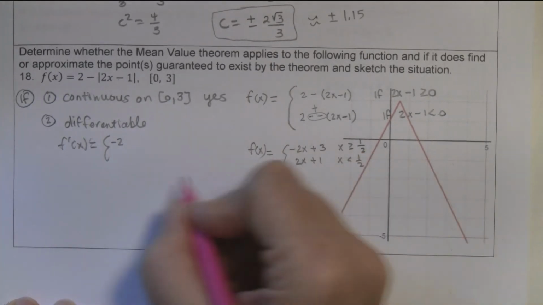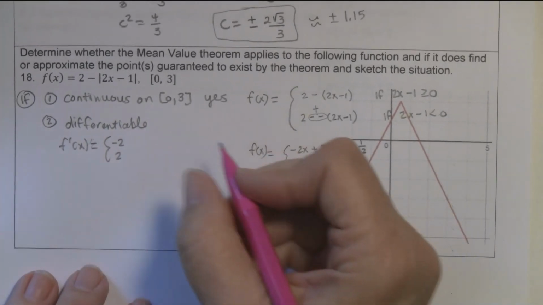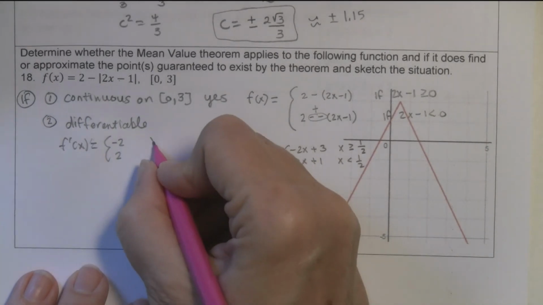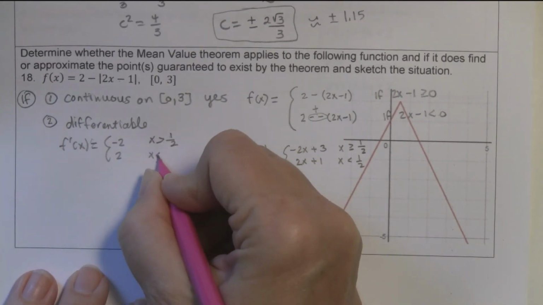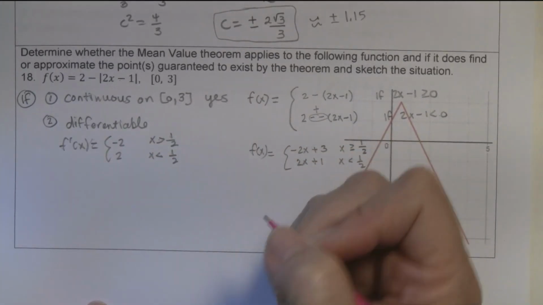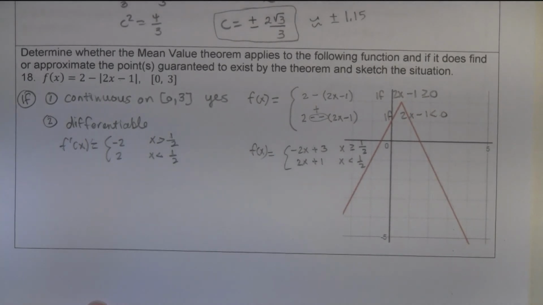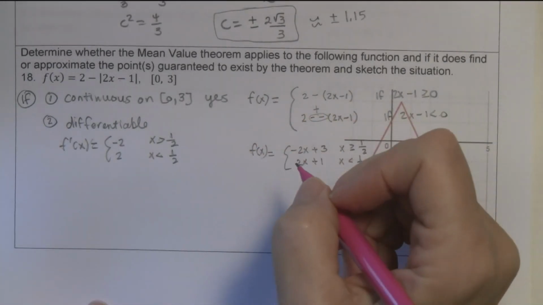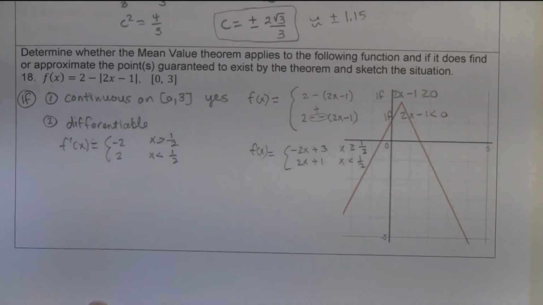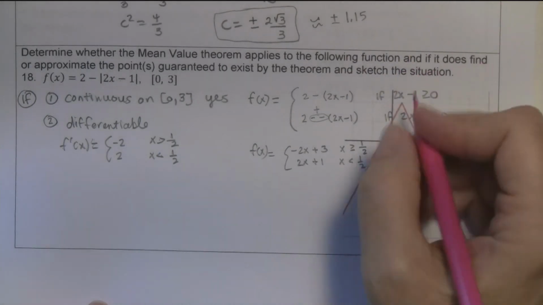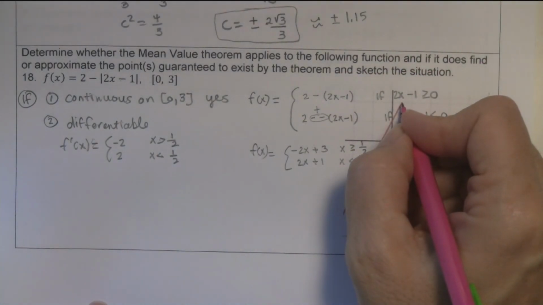And this is going to be 2, and this is certainly before half, and this is certainly after. This is before half, that's after half, right? Is the slope. And so what happens right at half is what is the slope there? Well, right at half is where you have that corner happening.